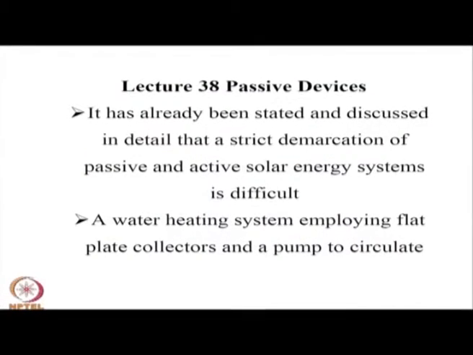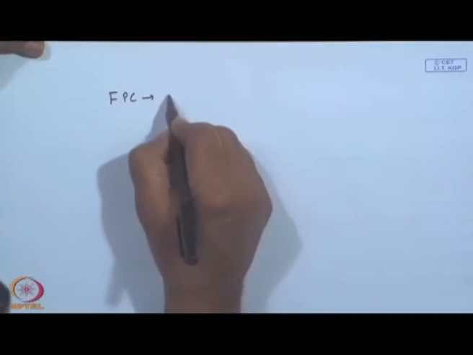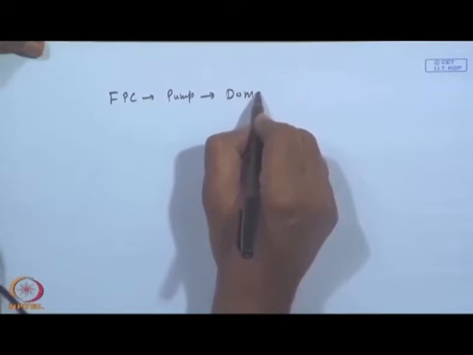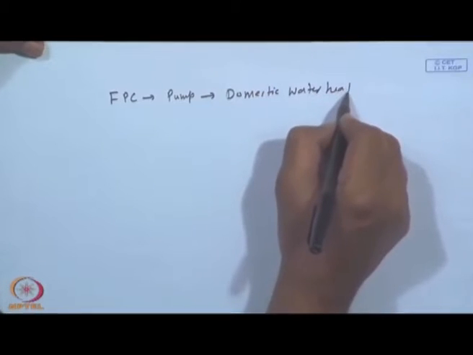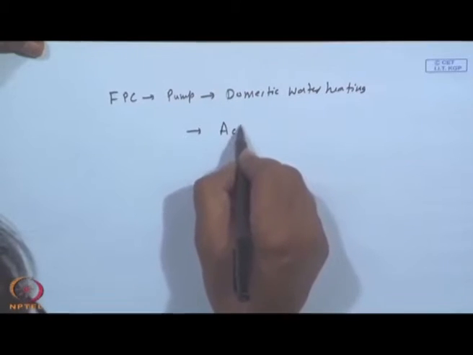And coming to a little more serious side of this, we already pointed out that it is a little difficult to have a strict demarcation between passive and active systems. Say for example, employing flat plate collectors, you use a pump for domestic water heating, in most of the cases we consider them to be an active system.